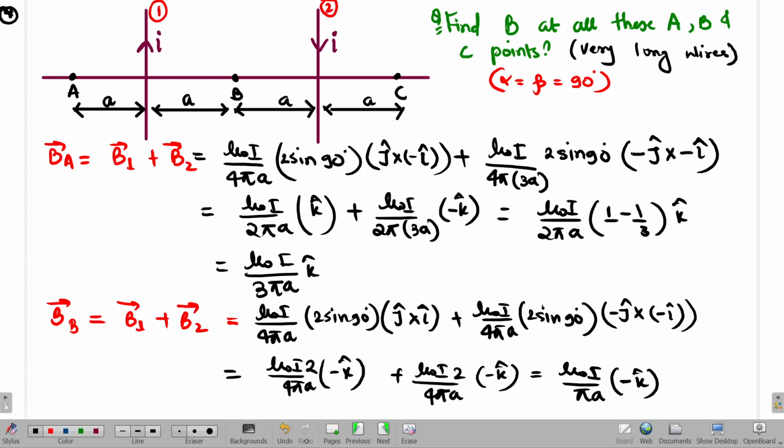Are you able to get me? Similarly, it's your task to find it for point C. Whatever you have got over here, it will be just the opposite of that, or not? Yes. So you just do it.